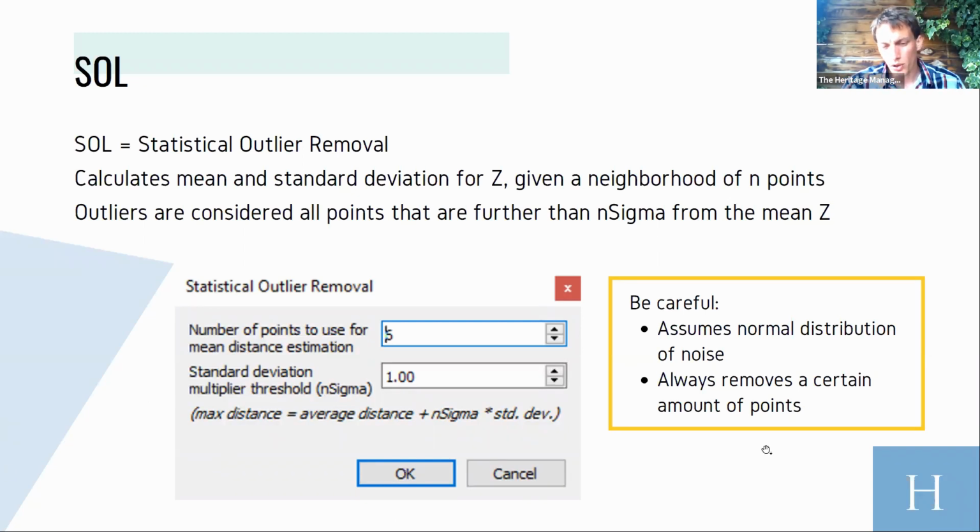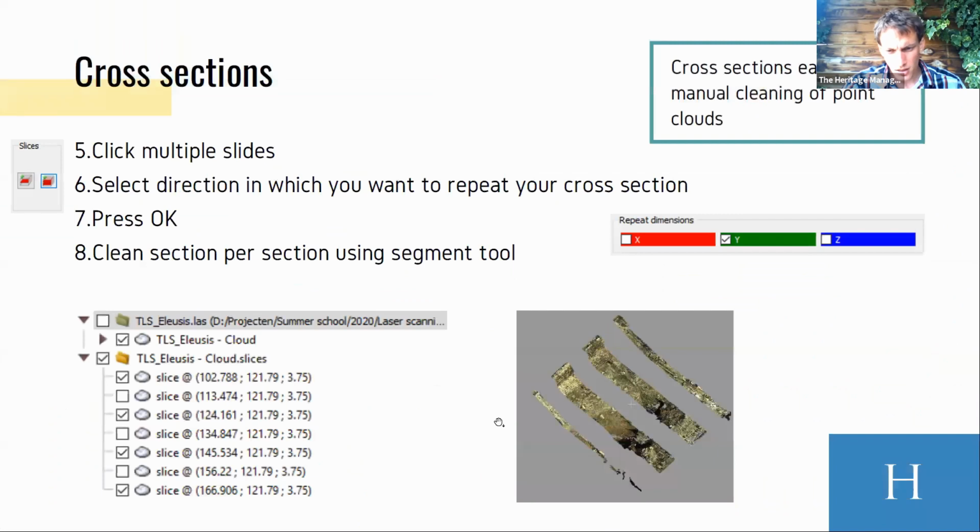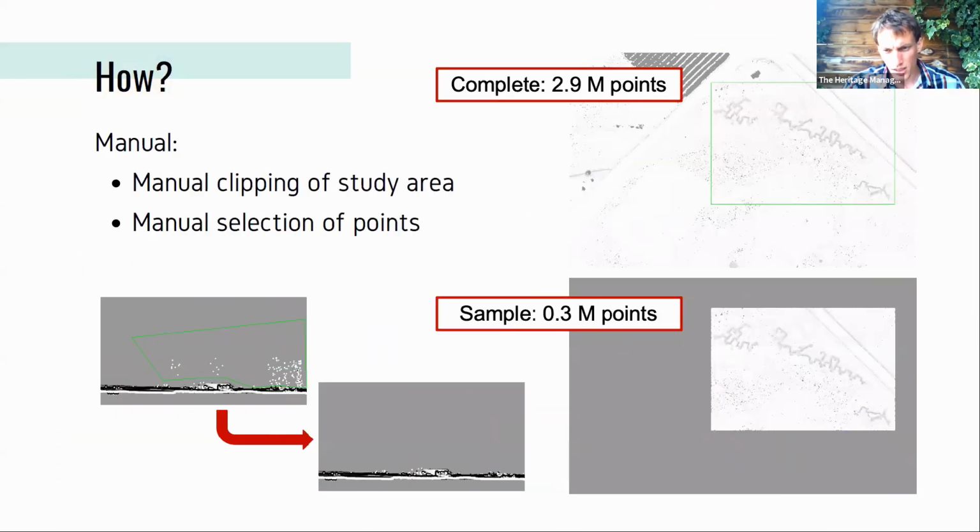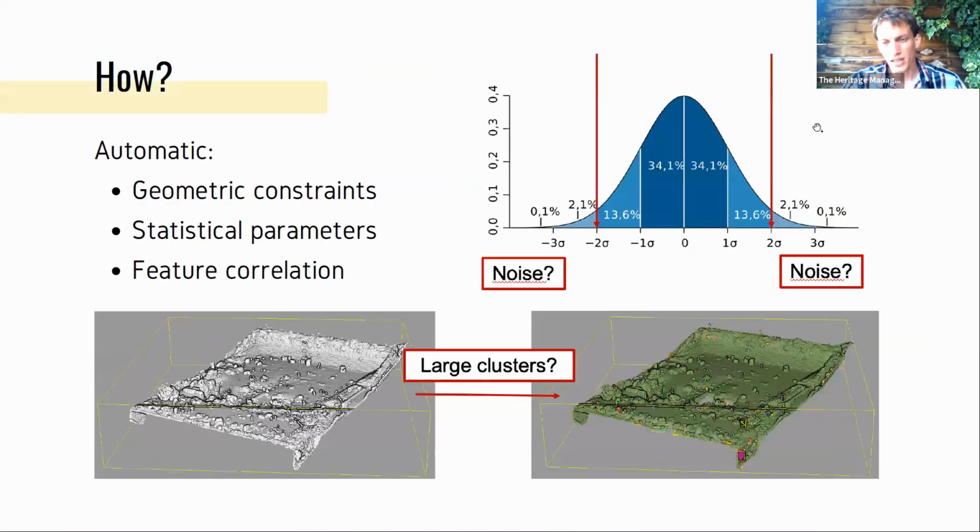Another very important thing here is that since we are using a multiplier of sigma, so n sigma, it also means, and then I go back to this illustration, that I always consider a certain amount of data as noise, even if it's not noise.